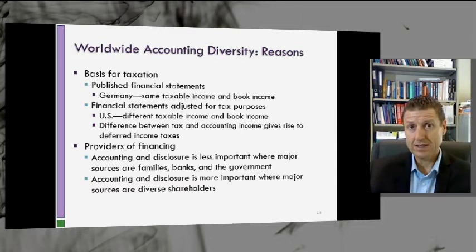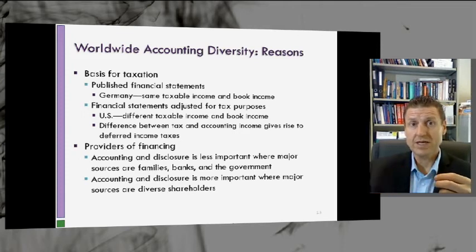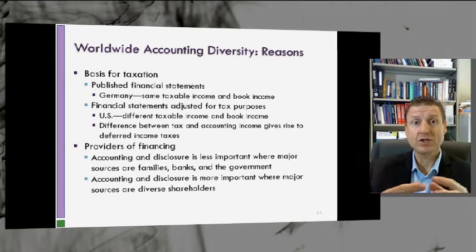And similar accounts are used to account for that difference between the accounting income and the taxable income. But in other countries where it's the same, like in Germany, there is no provision for deferred tax liability.